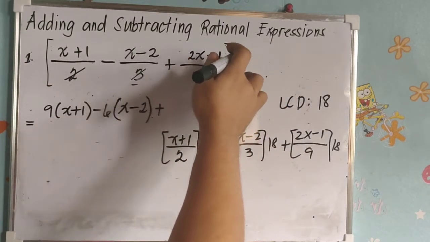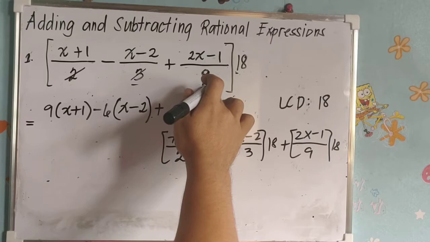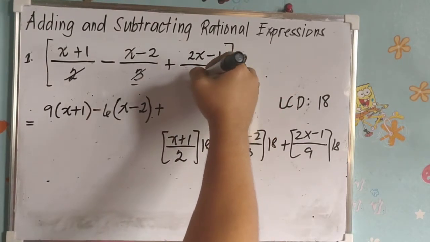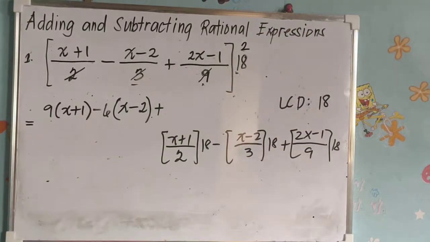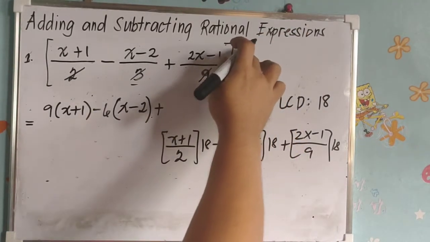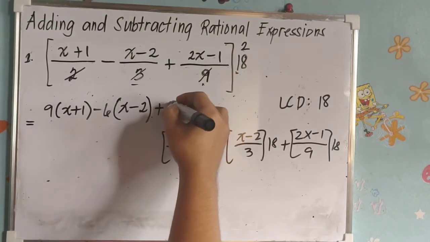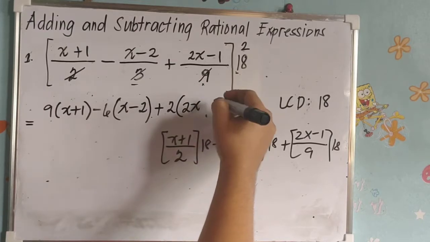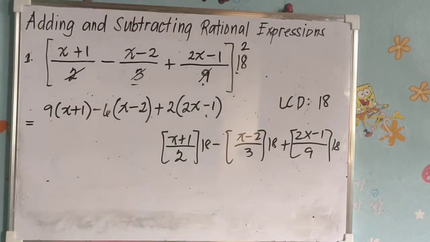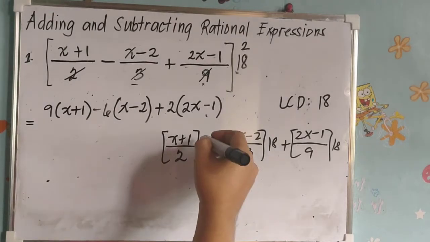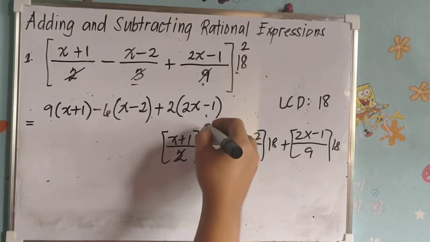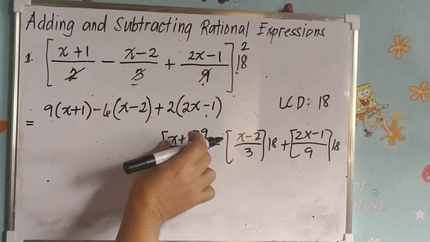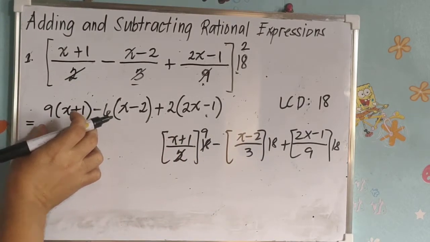So 18 times 2x minus 1 all over 9. 18 divided by 9 is cancelled. The remaining factor is 2, and then 2 times the quantity 2x minus 1. So almost the same here. The remaining factor is 9, so 9 times the quantity x plus 1.